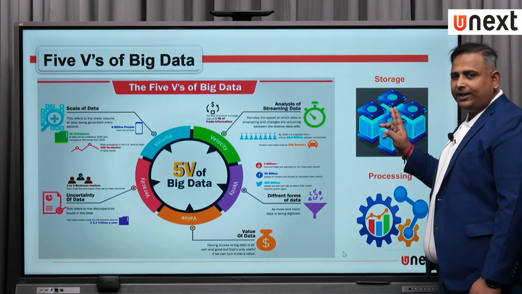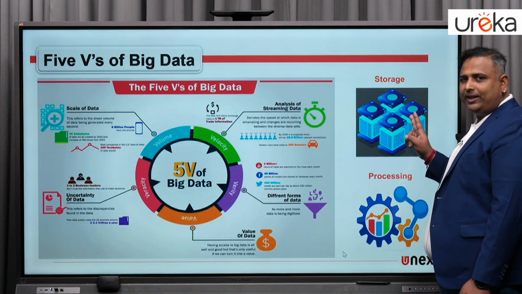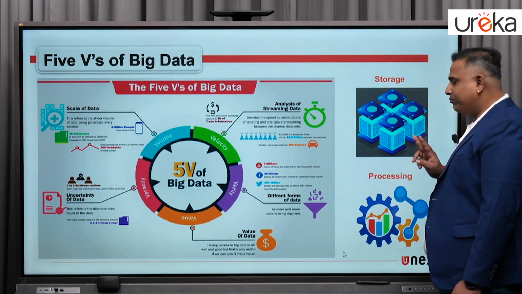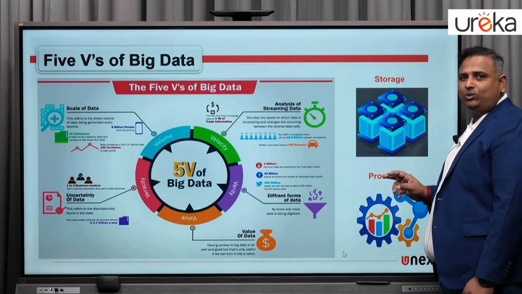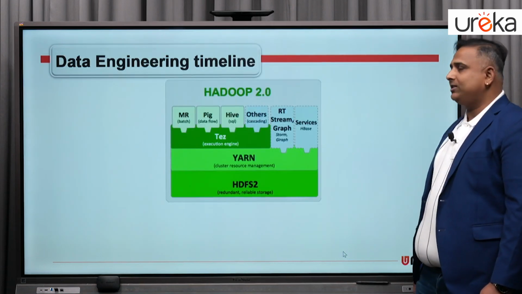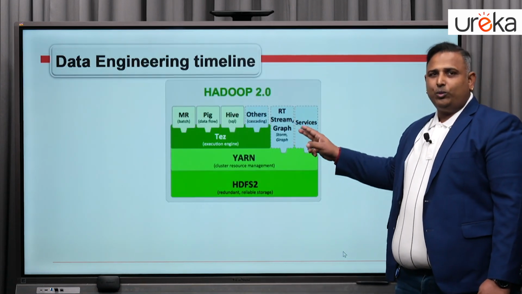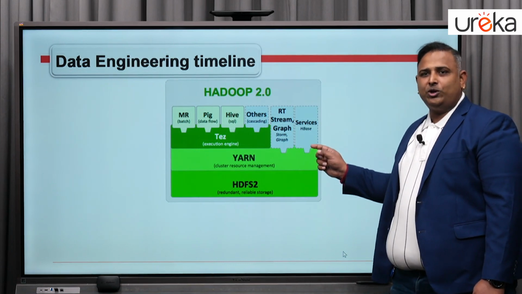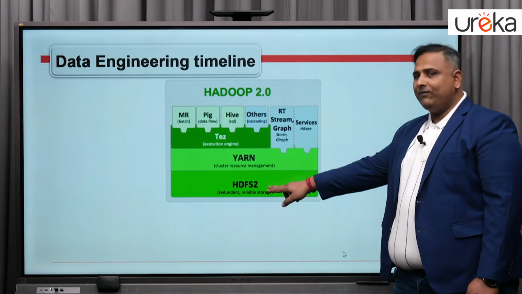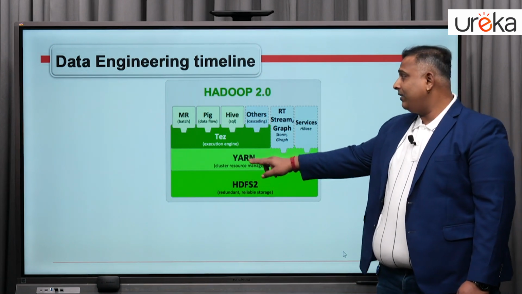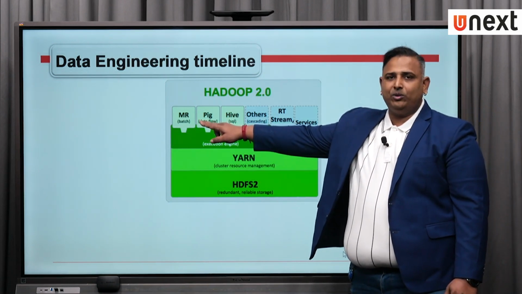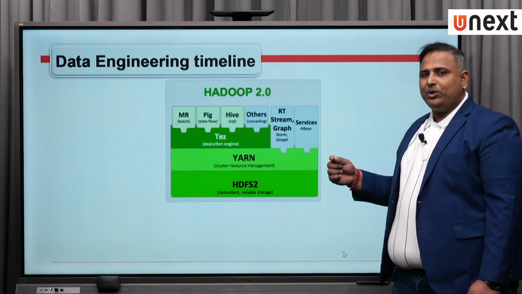Majorly they cause the problem of storing the data and the problem of processing the data. Over a period of time, in 2005, we came up with a solution called Hadoop, given by a person called Doug Cutting. They gave a solution for storage called Hadoop Distributed File System, and a processing framework called MapReduce.